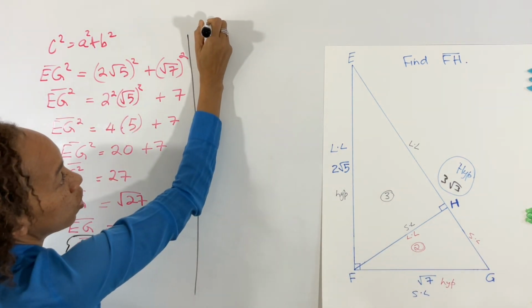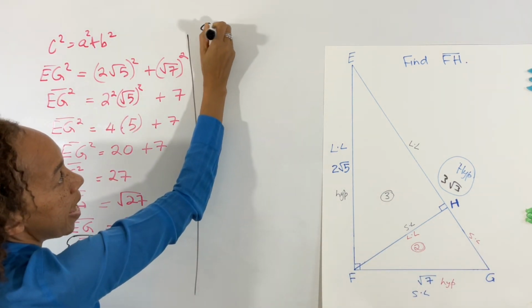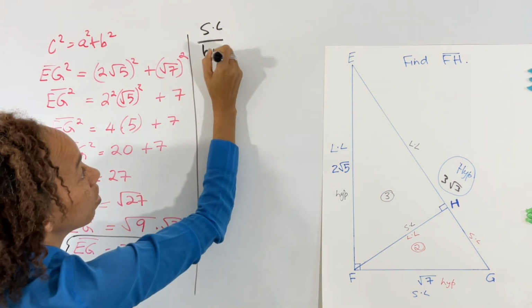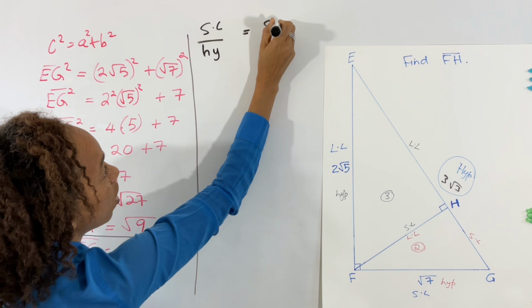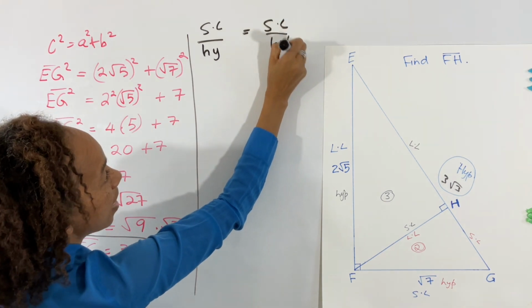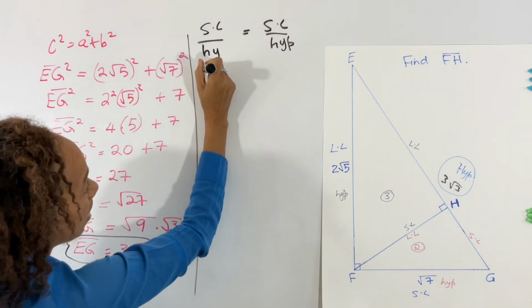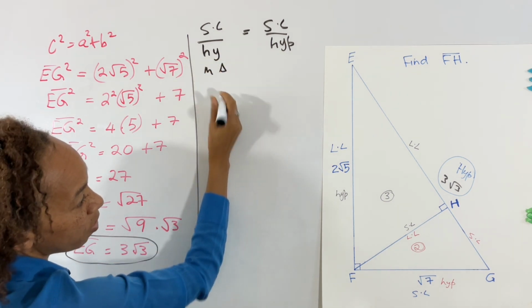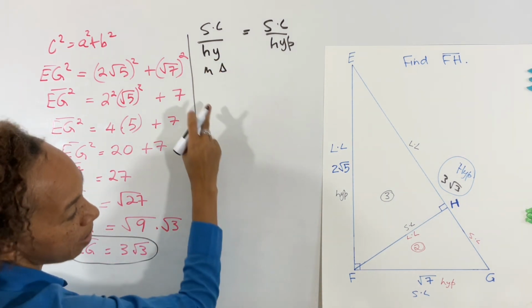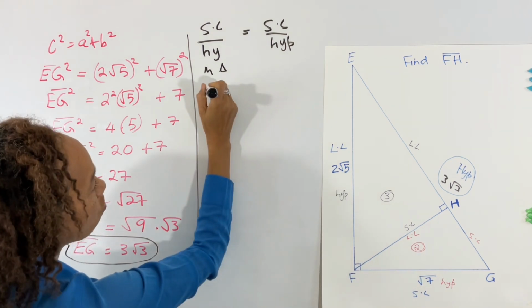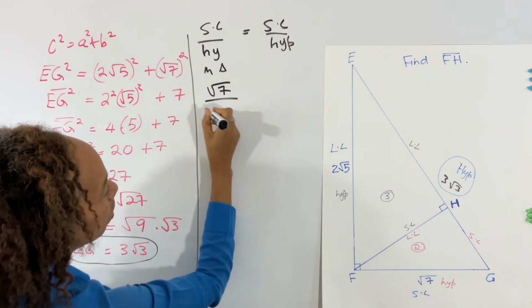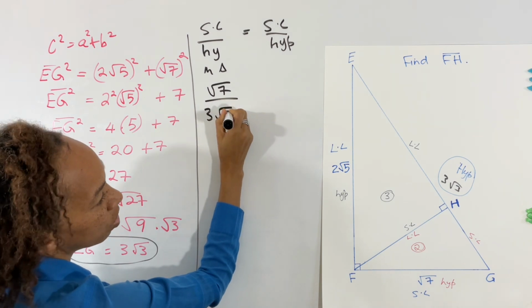So if we use short leg over our hypotenuse, set it equal to short leg over hypotenuse, and I'm going to deal with the main triangle first. Then I'm going to set my ratio as my short leg for the main triangle, radical 7, over the hypotenuse, which is 3 radical 3.